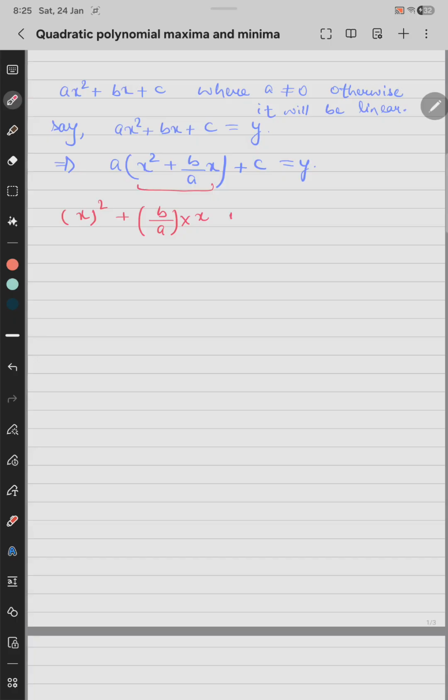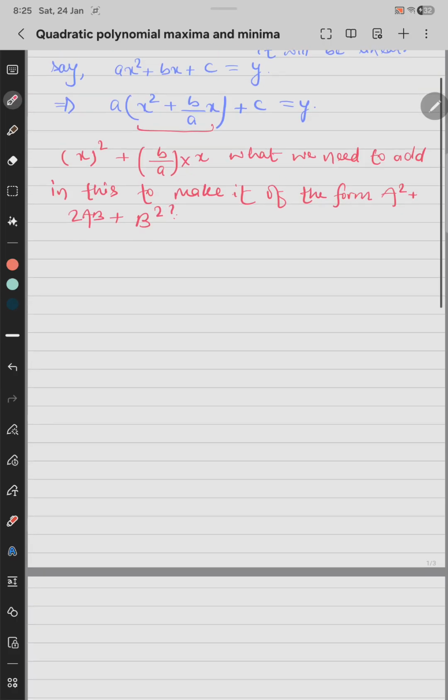Now what we need to add in this to make it of the form a square plus 2ab plus b square.